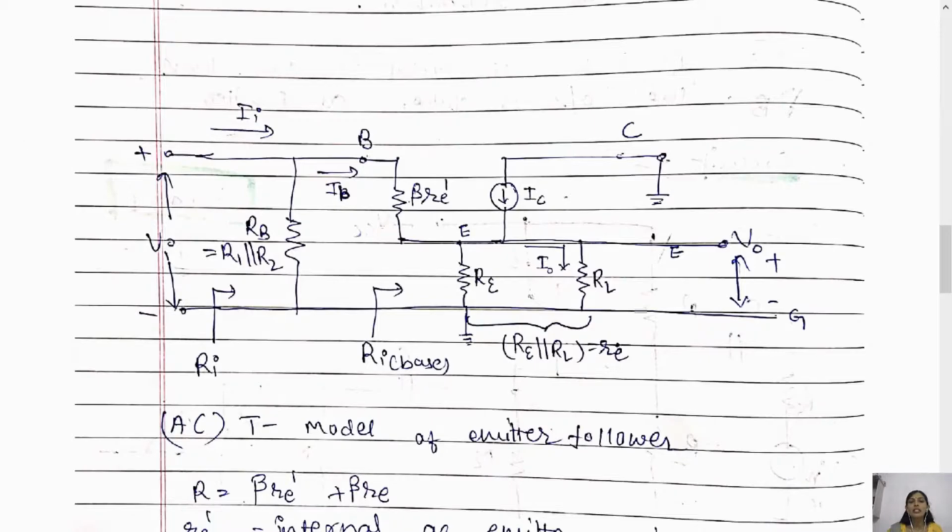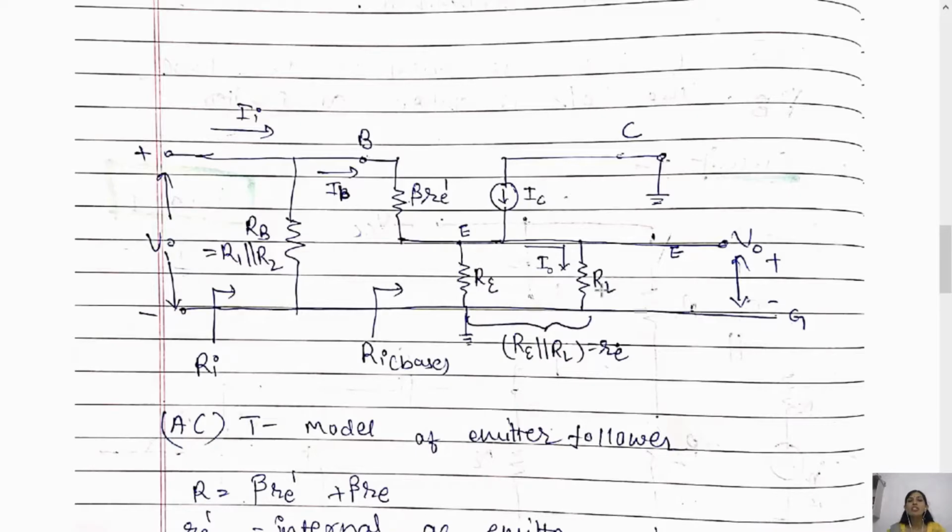So this is the AC circuit and how it is drawn. Again, input resistances are drawn on the left-hand side, output resistances on the right-hand side, RE and RL. Input resistance is the parallel combination of R1 and R2, denoted by RB, a single resistance. Re dash is denoted for internal resistance, RB for base resistance, and this is RE parallel RL.